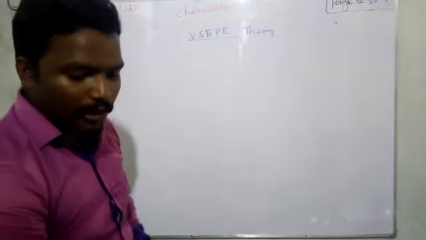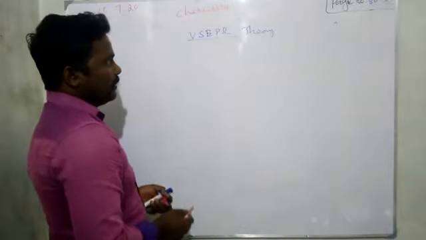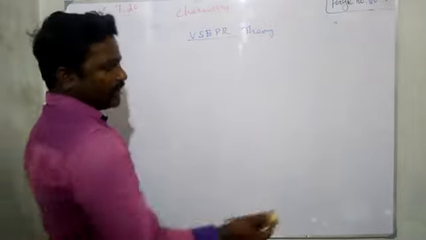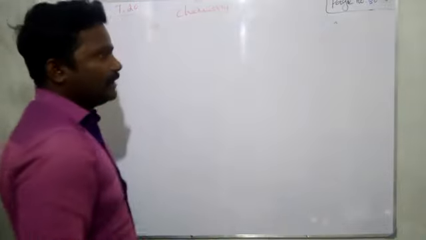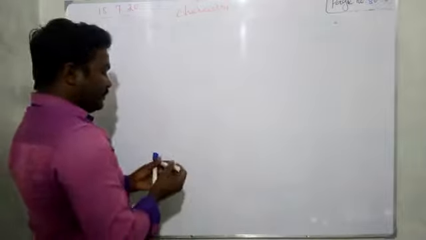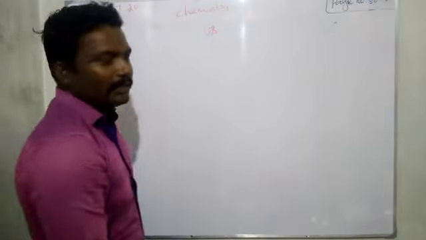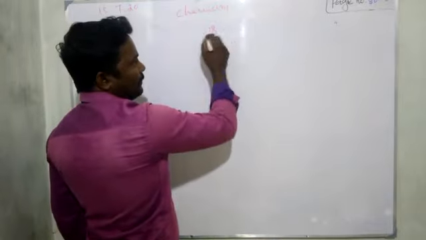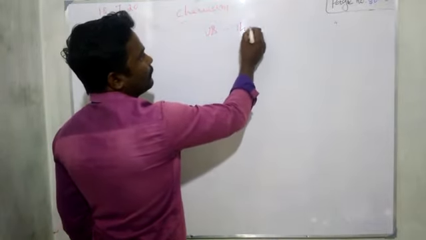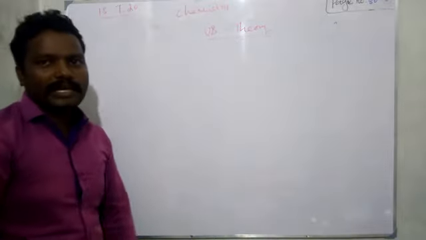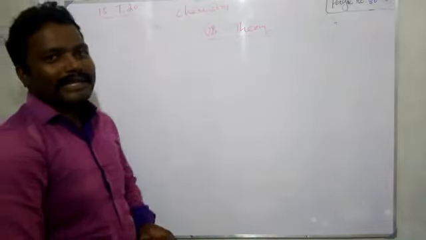Next we are going to learn about valence bond theory, VB theory. Valence bond theory also explains the shapes of a compound and their interaction.